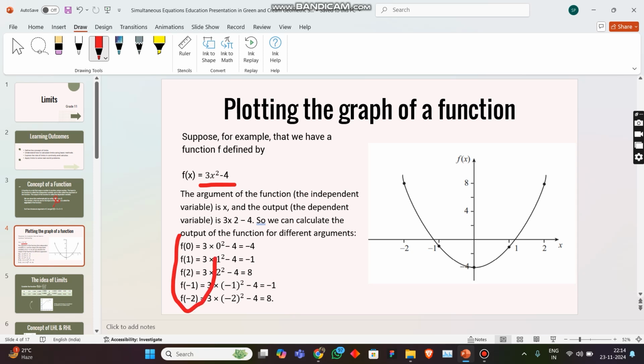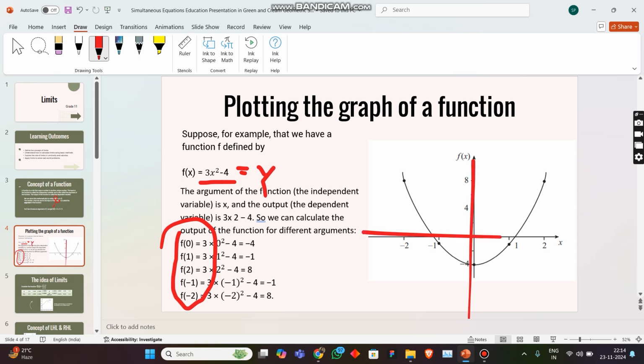And we calculate the functional value, meaning the value of y. We can write f of x equals y. And we plot it in a graph. Like at x equals 1, we got the functional value minus 1. That is how we can plot the points and then join the points. And that's how we can get a graph of a function.